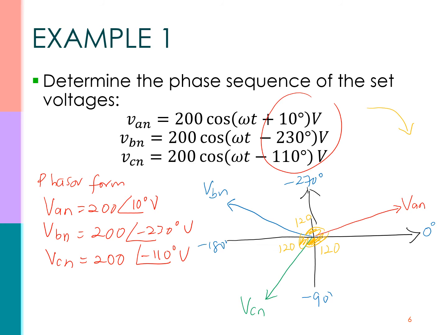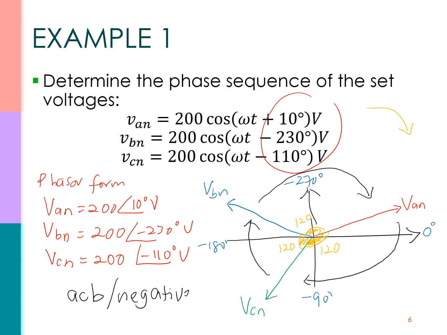You can see that VAN will meet VCN, then VCN will meet VBN, and then VBN will turn to VAN. So you can conclude that this is an ACB sequence, or what we call a negative sequence.